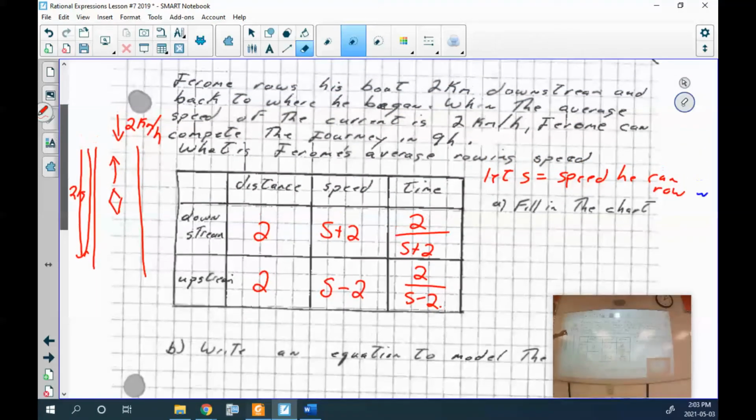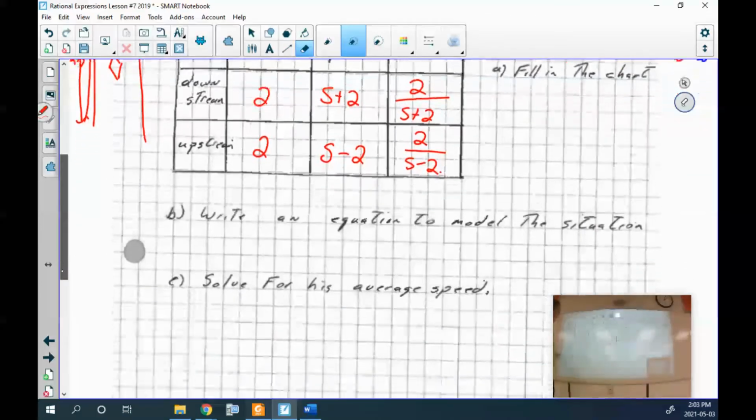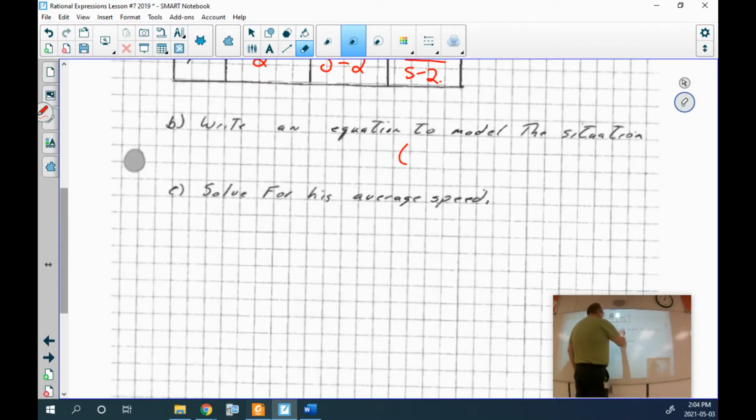So let's go back to what we have. He completes his journey in 9 hours. So he goes down 2 kilometers, and then he turns around and comes back 2 kilometers, and it takes him 9 hours. So that's our total time. And that's going to be equal to the time going downstream plus the time going upstream.